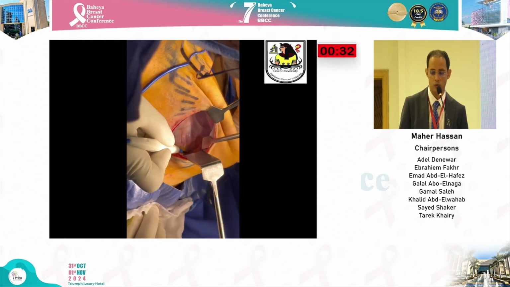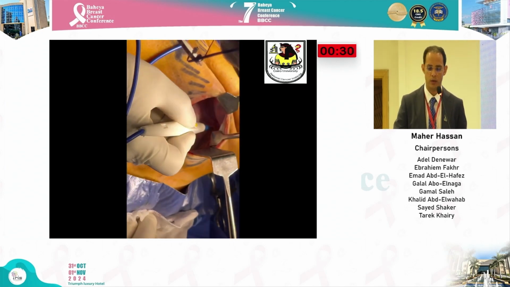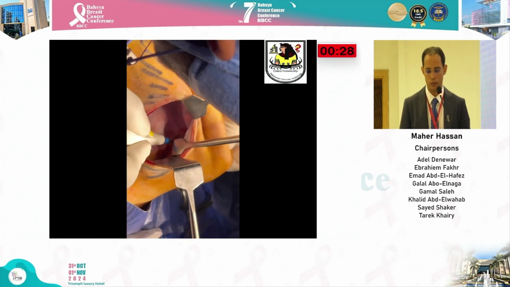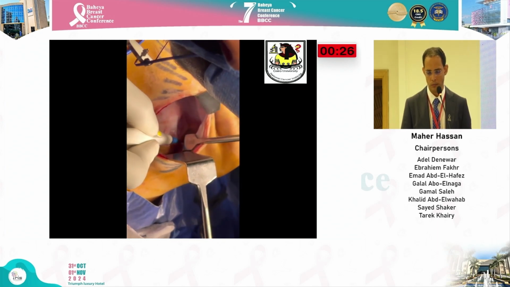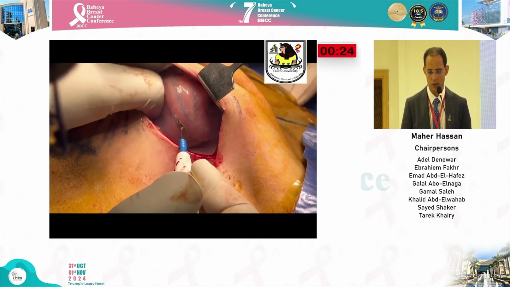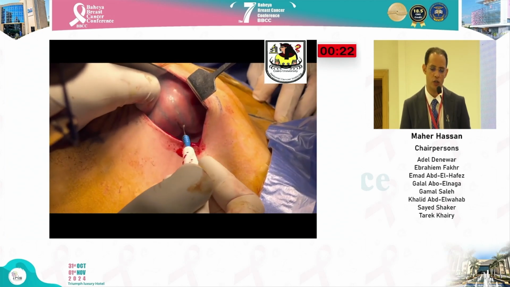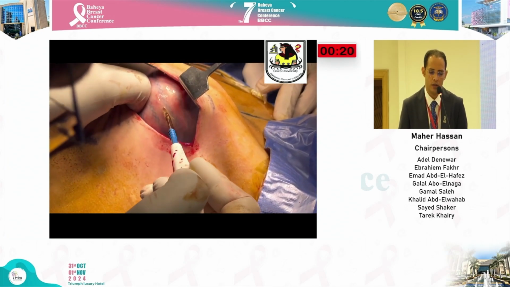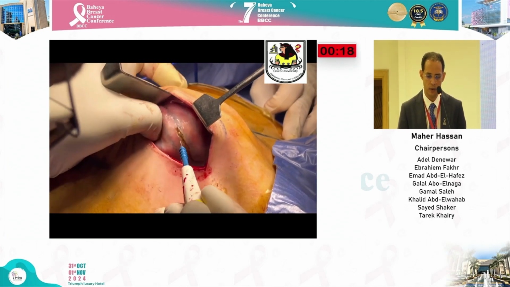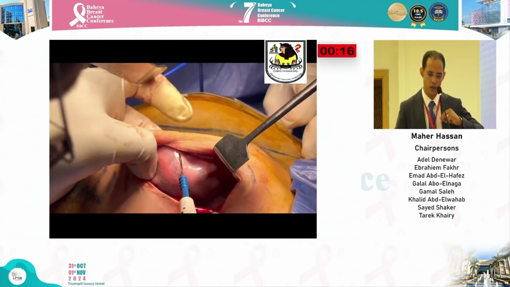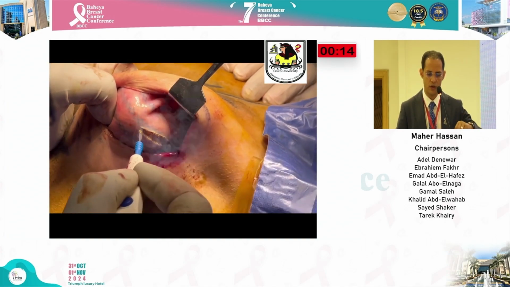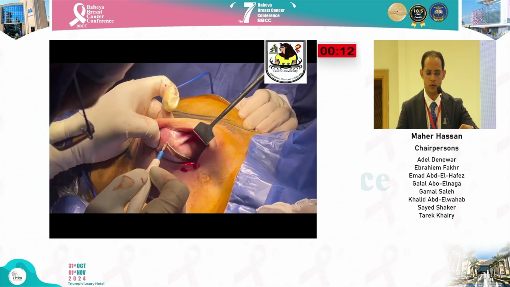And in some cases we go for complete capsulotomy. We remove the mesh and then remove the capsule. As we see, this is the mesh integrated totally in the subcutaneous plane. After just incising it with the diathermy, there is a release of the capsular contracture.